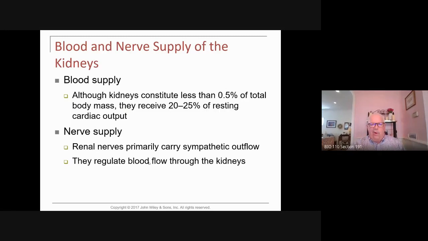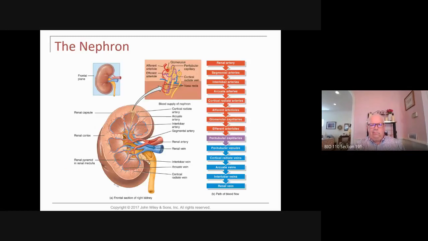That is not important. But the arterial supply, here's the renal artery. I'm not going to ask you all these other arteries and veins. What's important is that the renal artery brings oxygen to the kidney, and the renal vein takes carbon dioxide away from the kidney. Just know the renal vein and the renal artery.